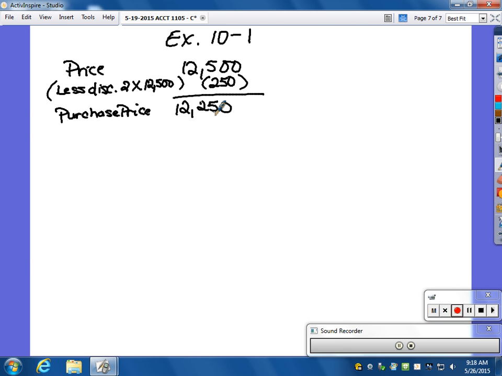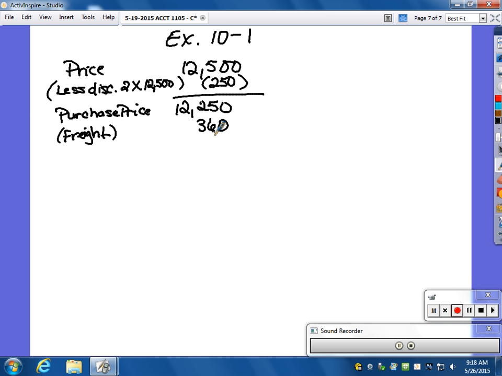Starting with what? What's the first cost? Freight. Freight, which was how much? 360. What's the next cost?